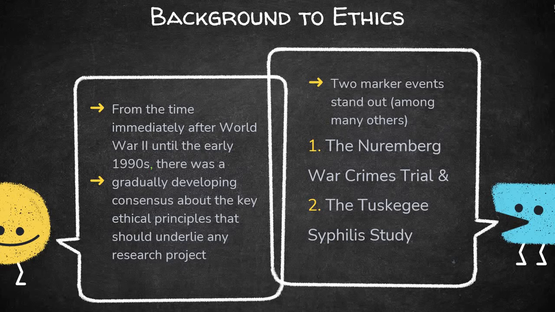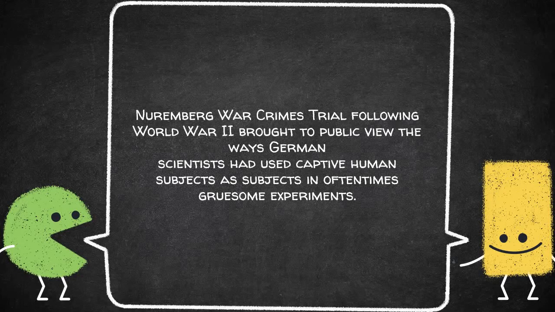Let me give you a background to ethics in research. There are two marker events, and there are many events, but let's say two marker events that set the stage of why ethics is required in research. The number one being the Nuremberg war crimes trial that took place during World War II, when captive human subjects were involved oftentimes in some gruesome experiments.